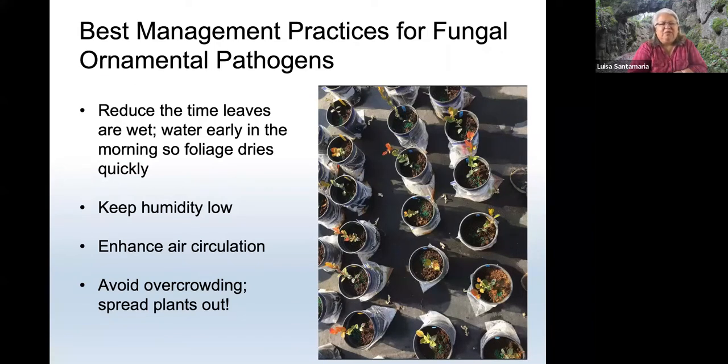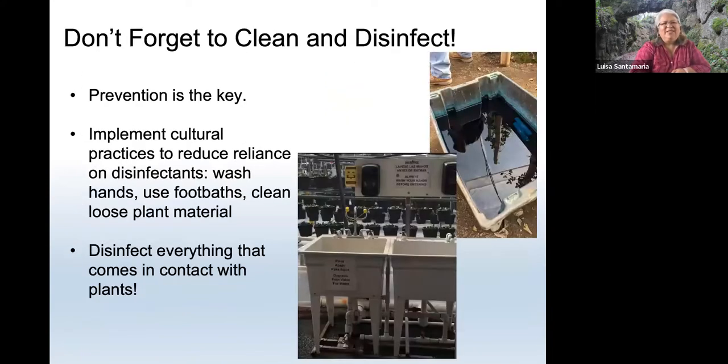Try to keep the humidity low so we don't have conducive conditions for these pathogens. Enhance air circulation, and sometimes we overcrowd our plants. If we can spread them out, that would be a good practice. Those are key points that we always like to refer to when we do these presentations.